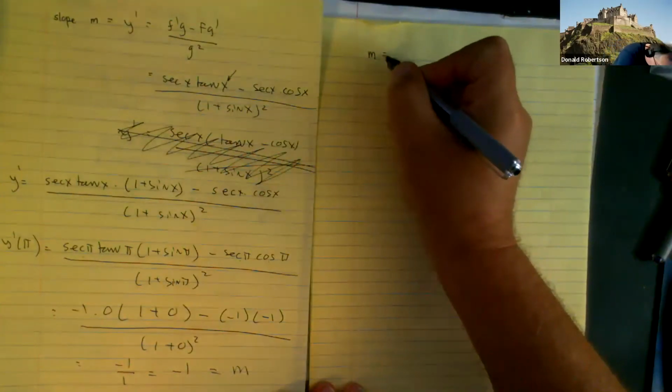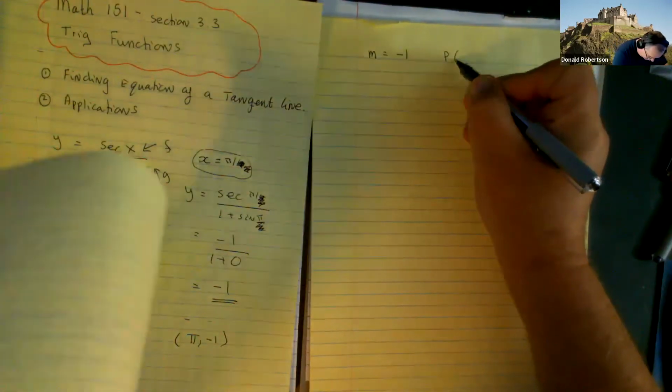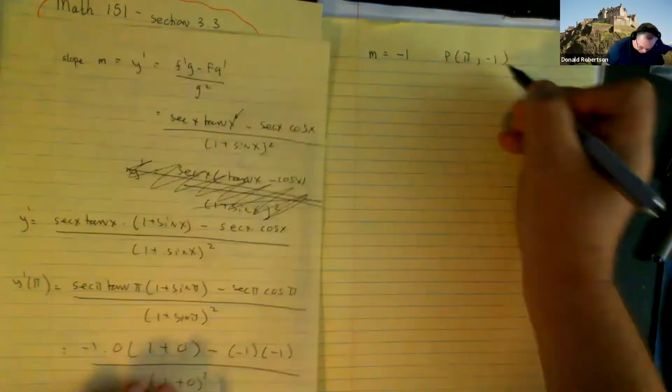So I have a tangent line with a slope of -1 that passes through the point (pi, -1).